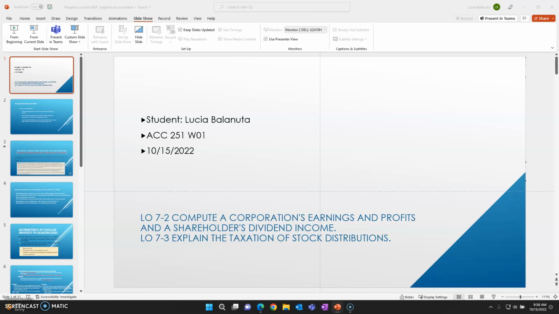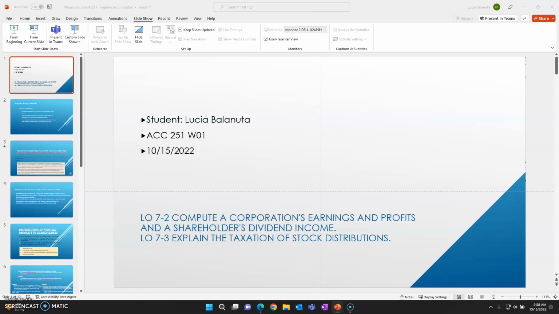Effect on the corporation's earnings and profits. It increases earnings and profits for the excess of fair market value over basis of property distributed, the gain recognized. It decreases earnings and profits by the fair market value of property distributed, or basis if greater, less liabilities on the property.